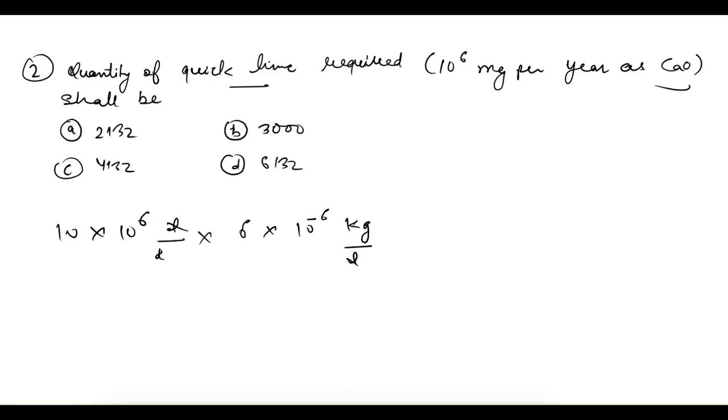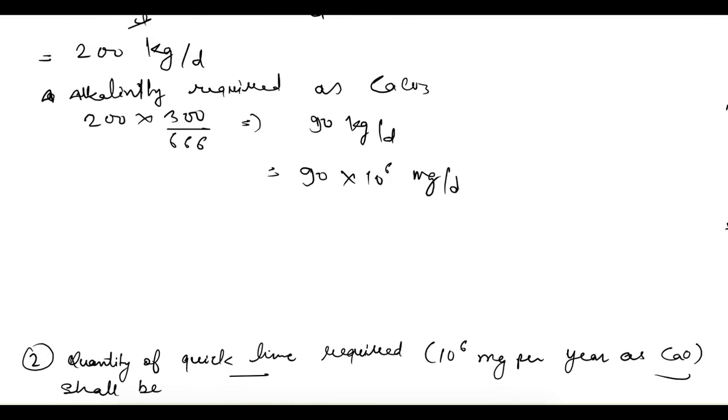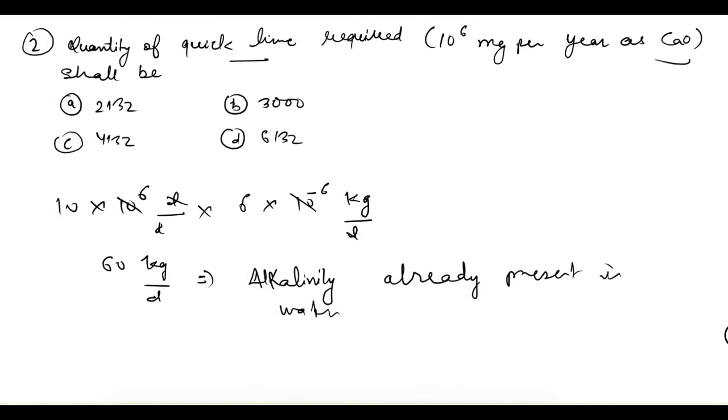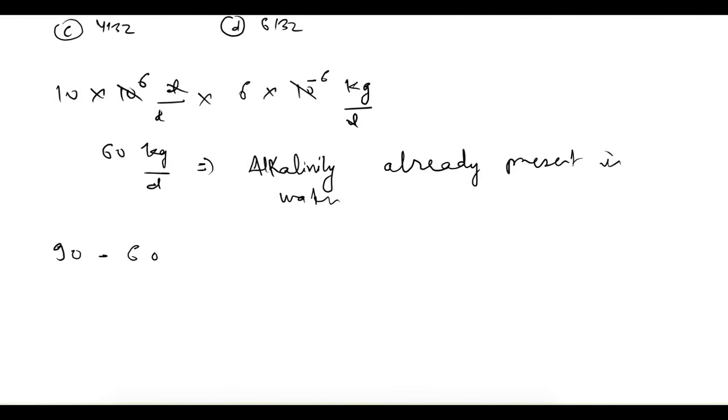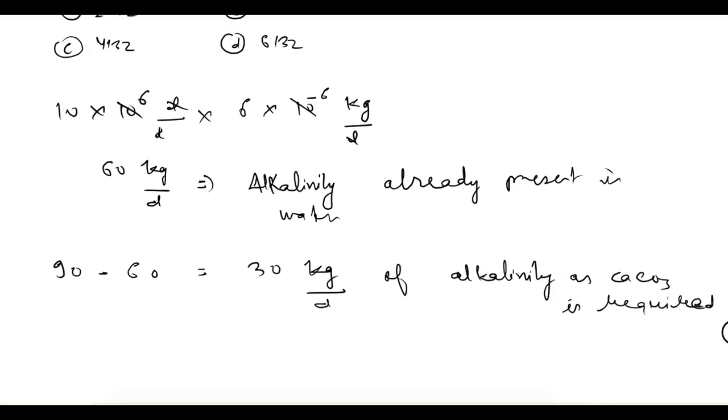That is equal to 60 kg per day, the alkalinity already present in water. We require 90 kilograms per day. So 90 minus 60, that is 30 kg per day of alkalinity as CaCO3 is required.